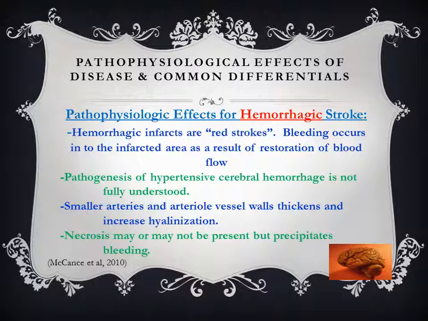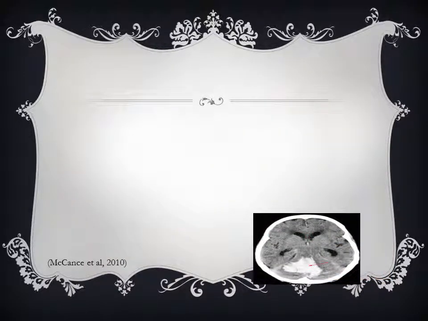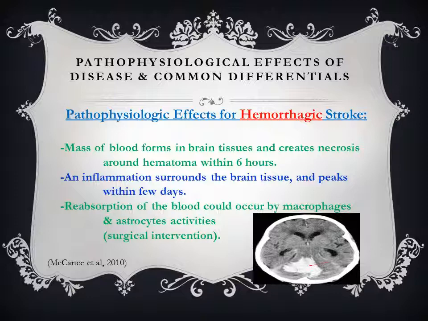Necrosis may or may not be present, but precipitates the bleeding. A mass of blood forms in brain tissues and creates necrosis around the hematoma within 6 hours. An inflammation surrounds the brain tissue and peaks within a few days. Reabsorption of the blood could occur by macrophages and astrocyte activities, also sometimes including surgical intervention.